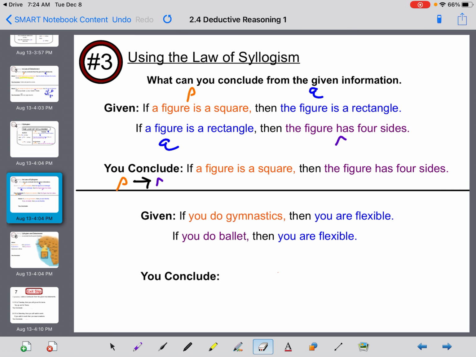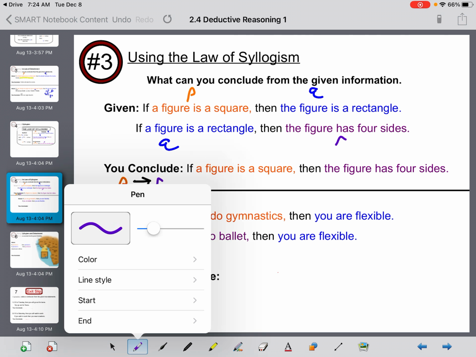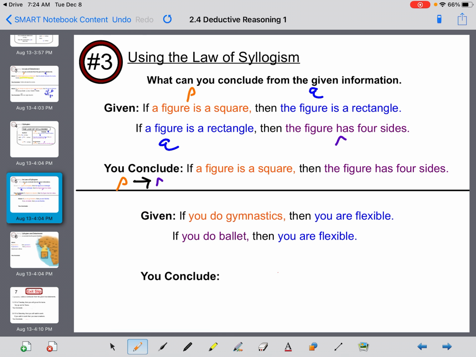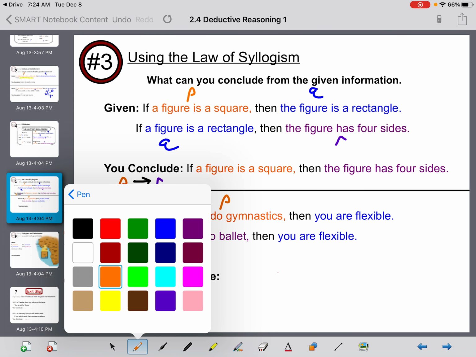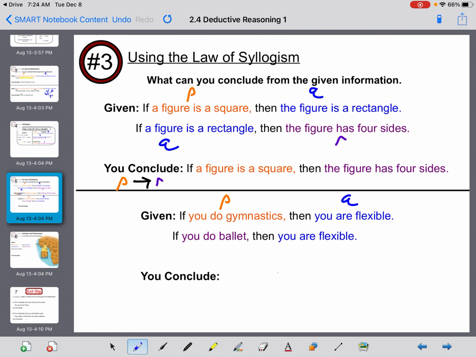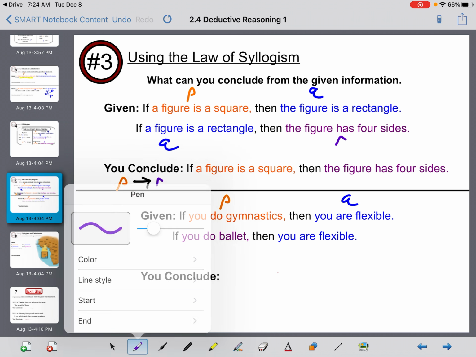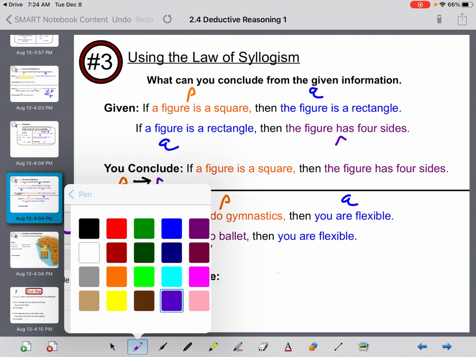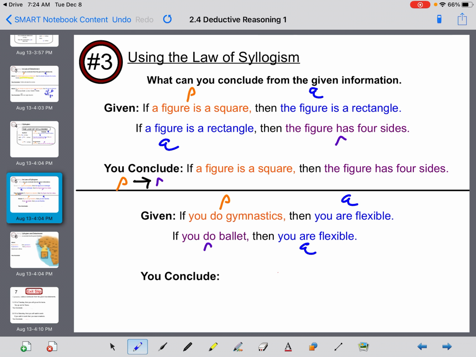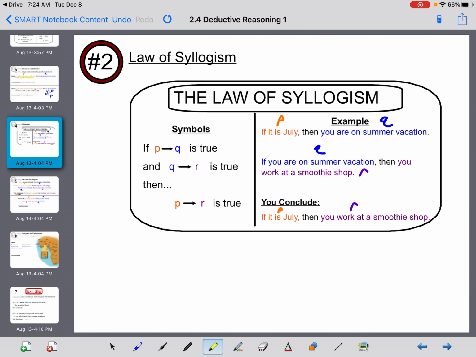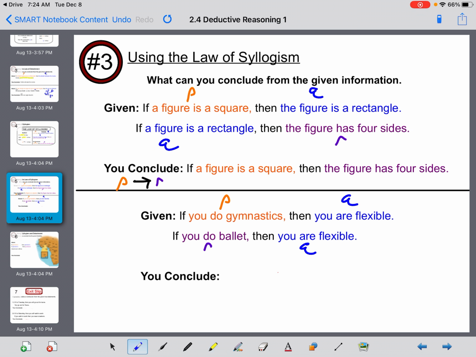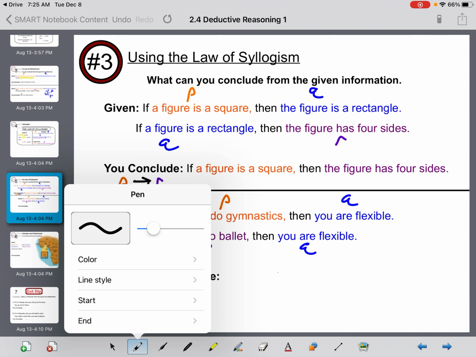All right. What about the next one? If you do gymnastics, then you are flexible. If you do ballet, then you are flexible. Well, there's a problem here. We have if P, then Q. But on the bottom here, we have if R, then Q. Meanwhile, in the law of syllogism, we need P, then Q, then R. Well, this does not follow that pattern.